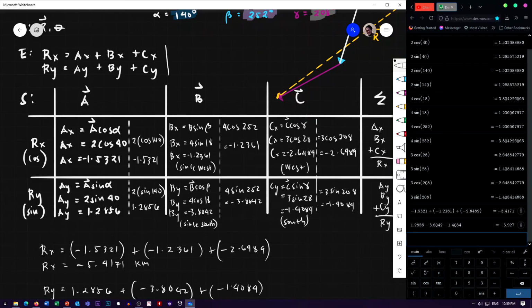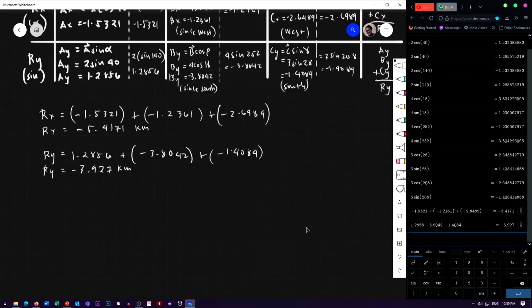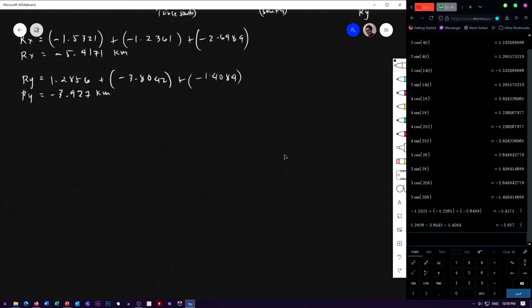What we need is of course the value of r. This can be resolved by doing the Pythagorean theorem. By this point, this is already a step that you are very familiar with. So let's proceed. We have vector r is equal to negative 5.4171.